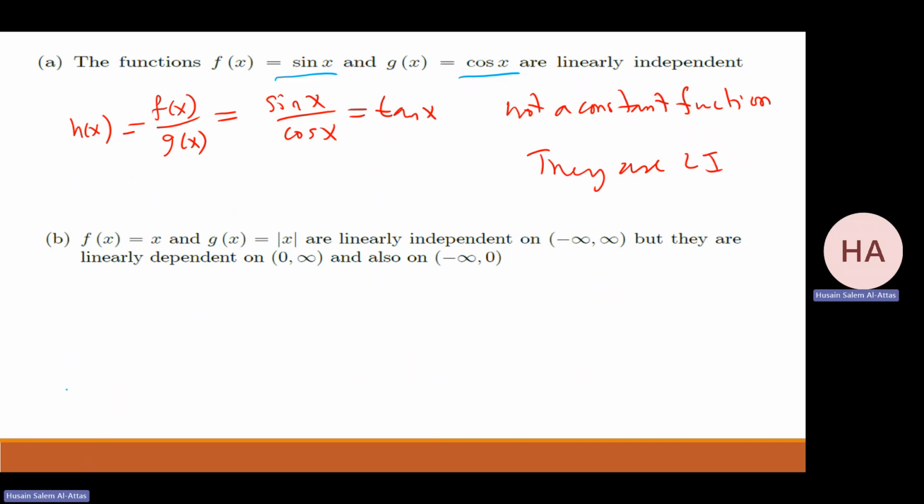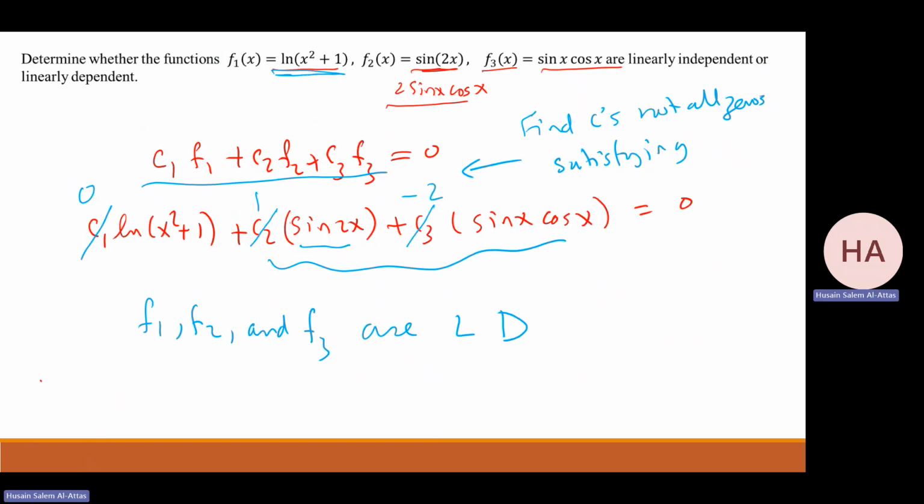So they are linearly independent. If they are two functions, fine. With 3 functions, for sure I need the Wronskian, provided they are solutions. If you go back to this one, these two are very clearly linearly independent. If I take just these two, h of x equals f2 over f3.